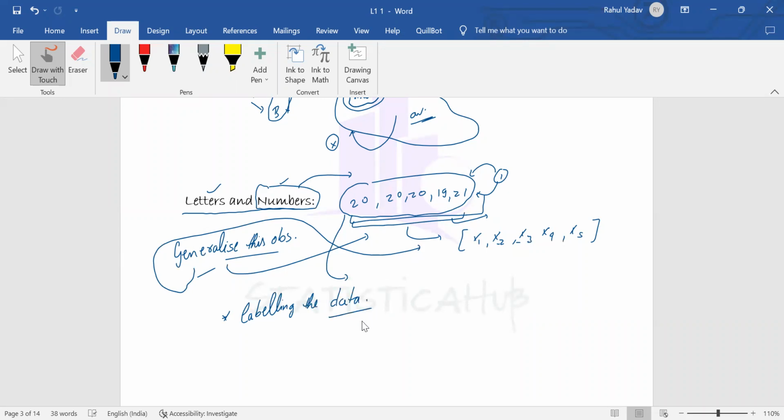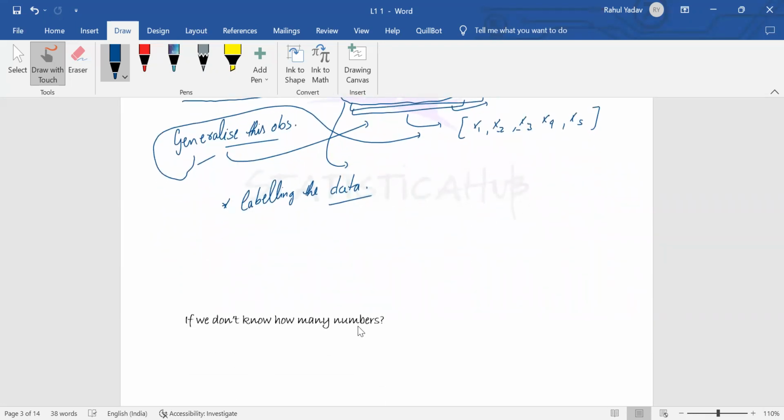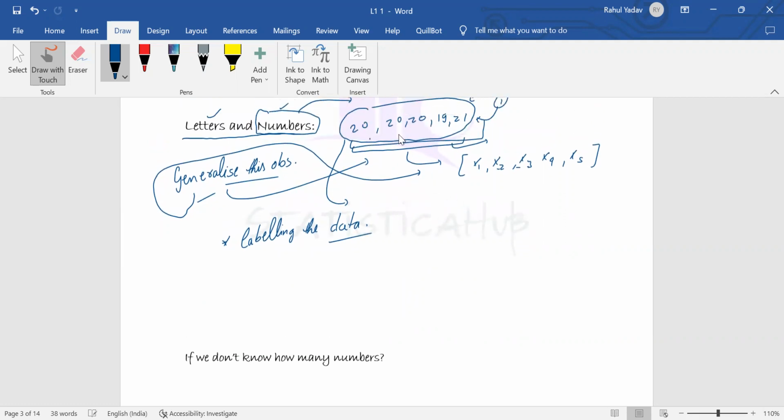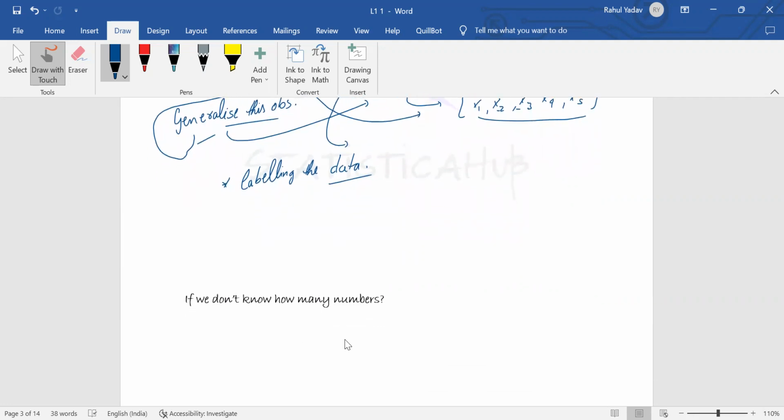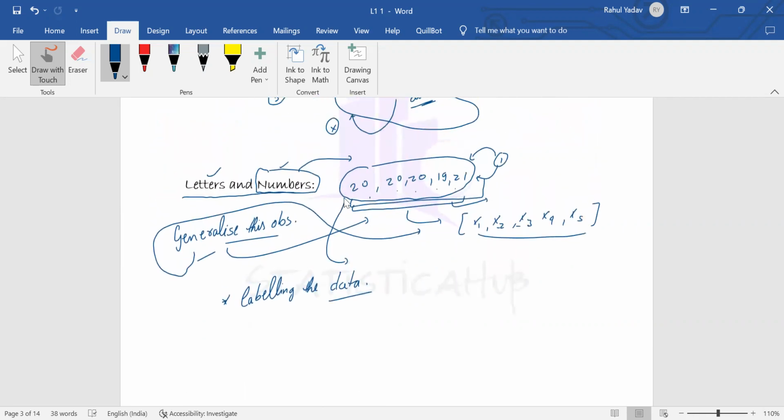The initial understanding regarding letters and numbers is that we label each data point with a letter. In this particular data we have one observation, two, three, four, and five, a total of five data points. Now what if we don't know how many numbers there are? In this specific data, we used letter terms for our numeric data, and we know there are five data points.